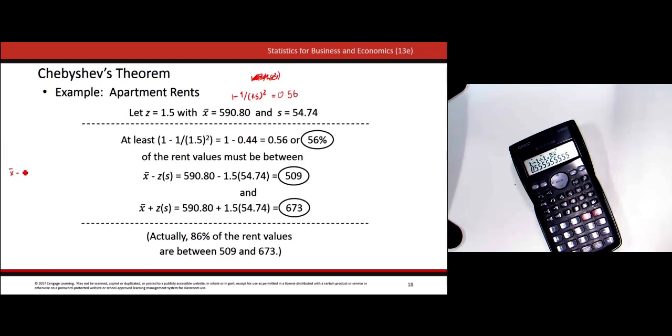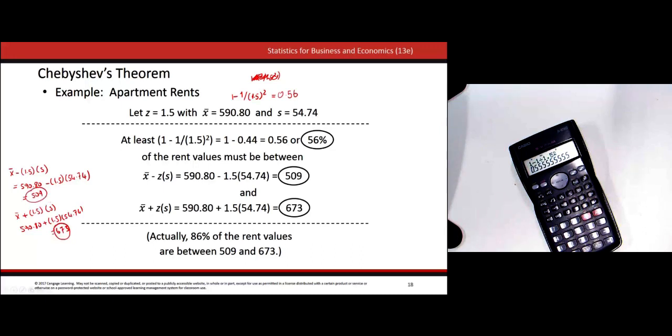So what is 1.5 standard deviations? X bar minus 1.5 times the standard deviation. Here x bar is 590.8 minus 1.5 times the standard deviation 54.74, which is 509. X bar plus 1.5 standard deviations, so 590.8 plus 1.5 times 54.74, which is 673.